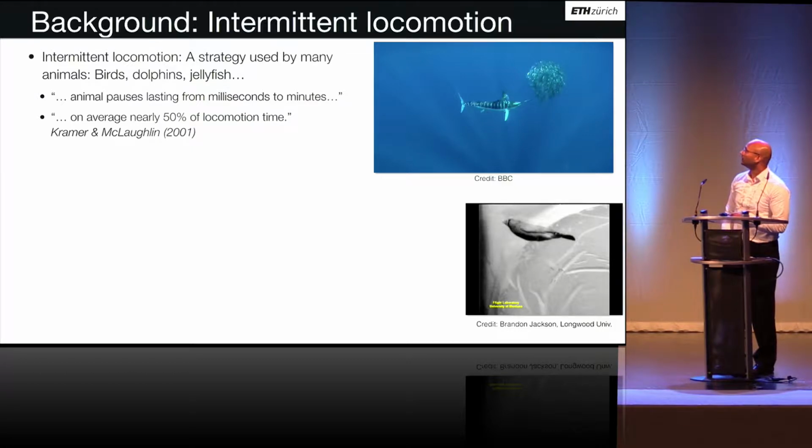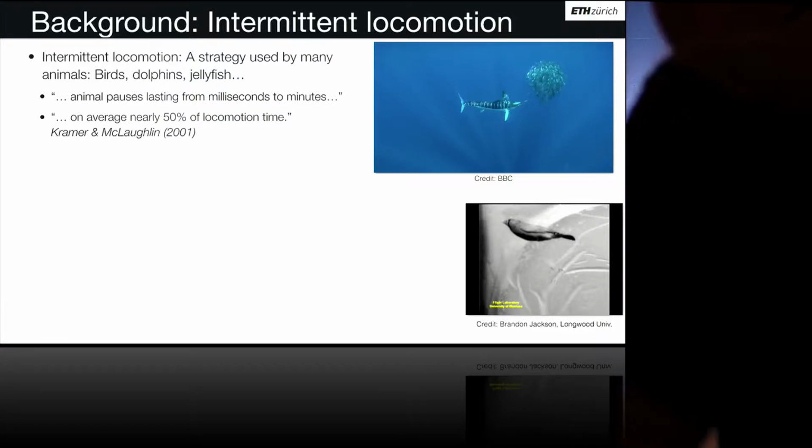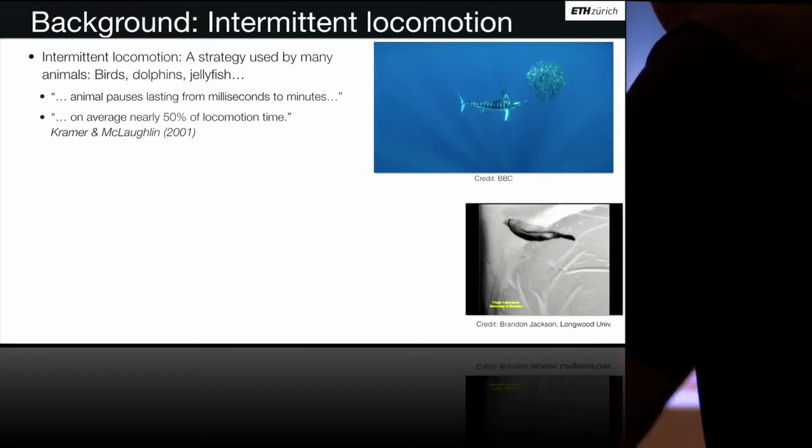And depending on the species of the animal, these pauses can last from a few milliseconds to minutes. And people have noticed that about half of the total locomotion time is spent in this sort of intermittent manner. Here's a video of a swordfish that's chasing after a small group of fish.